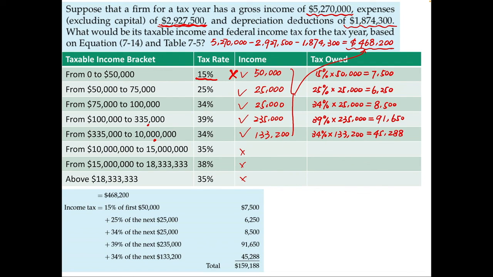So then your total tax owed to the IRS will be the sum of these, and that will be 159,188. Okay, so this is how you use this system to calculate tax: slice the taxable income, determine for each bracket how much tax you owe, and then sum them up.